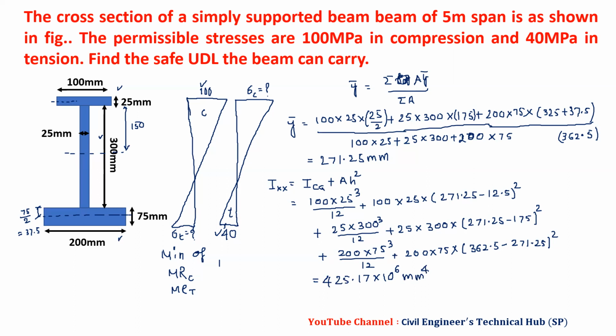Now we know the value of y bar, so if we consider y bar, we have 271.25. If we calculate the bottom value, total we have 400, so we have 400 minus 271.25.